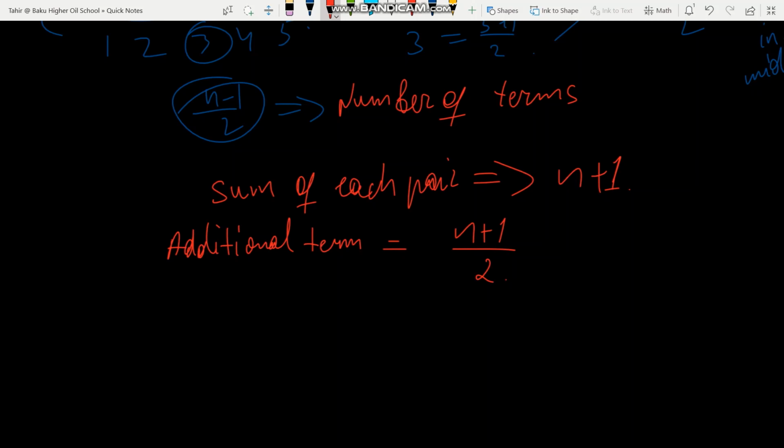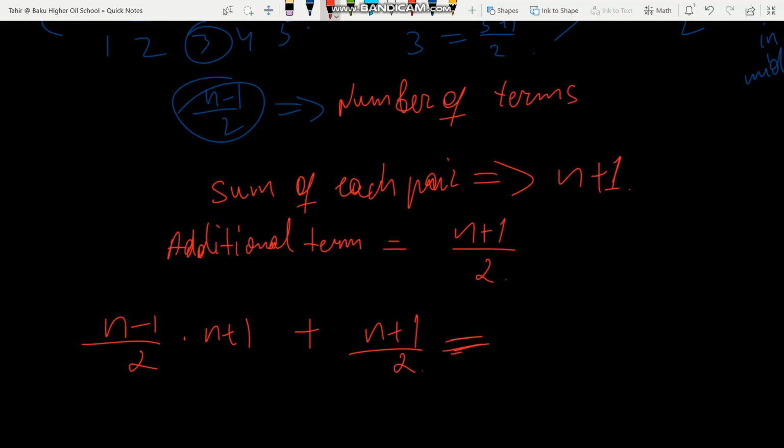Let's write the final formula. The number of pairs, n minus 1 divided by 2, multiplied by the sum of each pair, n plus 1, plus the additional term in the middle of our sequence.